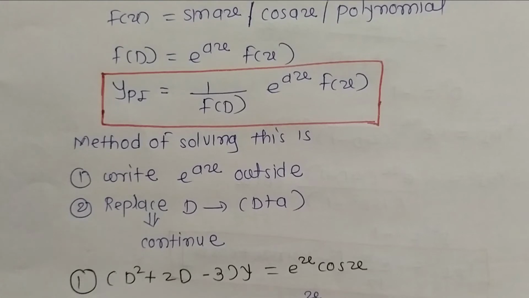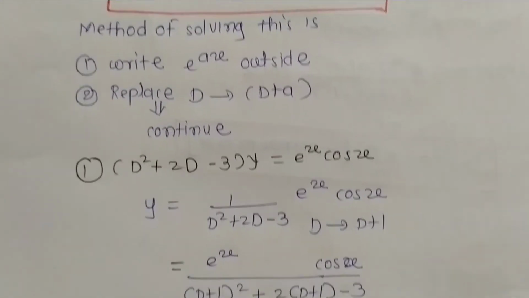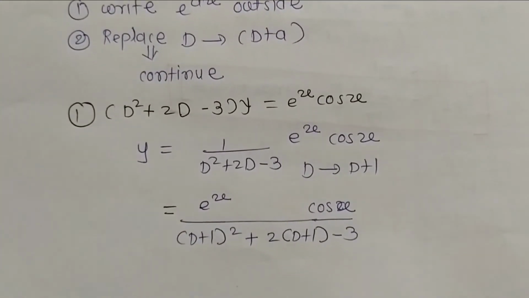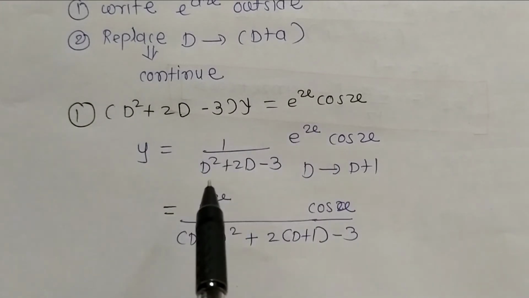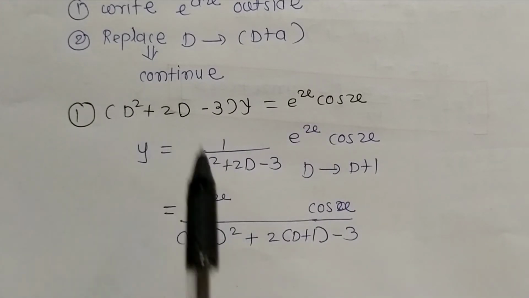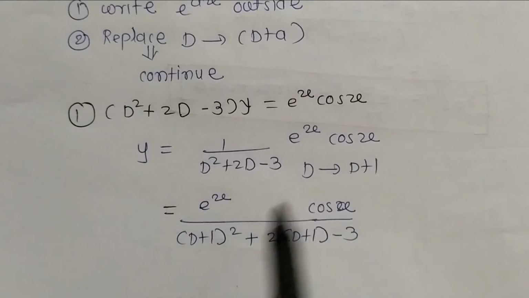Consider the first example, d square plus 2d minus 3, y is equal to e raised to x cos x. Then the solution of this is 1 upon f of d, that is 1 upon d square plus 2d minus 3, and e raised to x cos x.